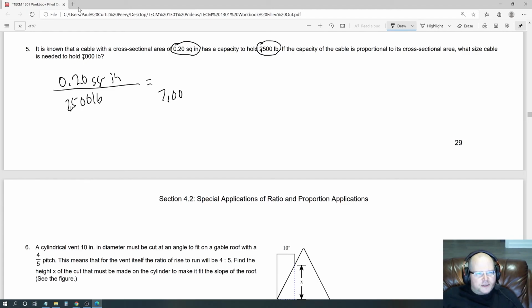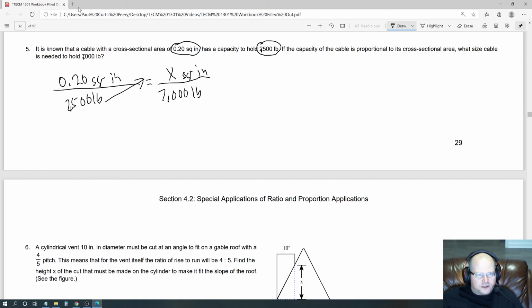Now, because we already decided we're going to put the pounds on the bottom, I'm going to put the pounds on the bottom there, and then we have an unknown square inch area of the cable here, and that's what we are going to be finding, right? So this is square inches. So we cross multiply, right?